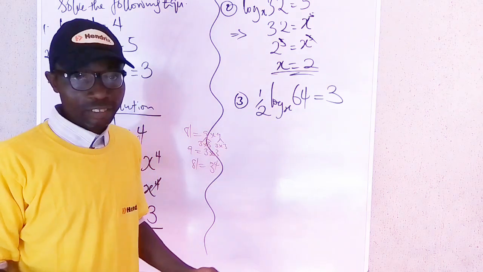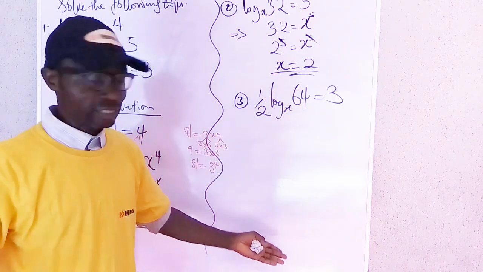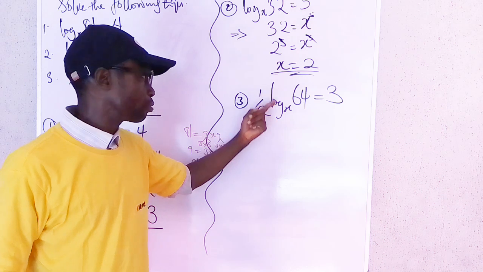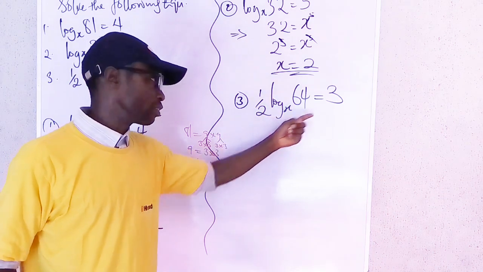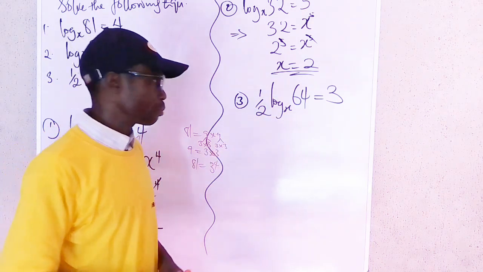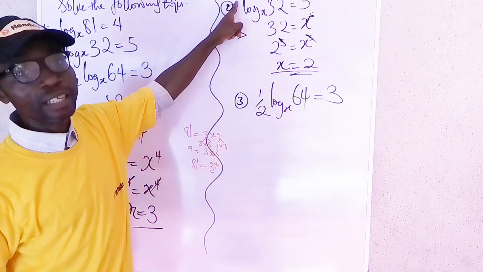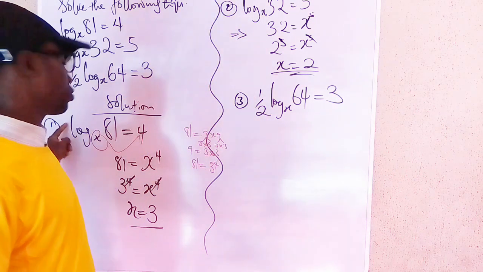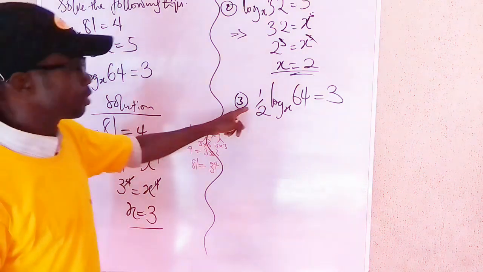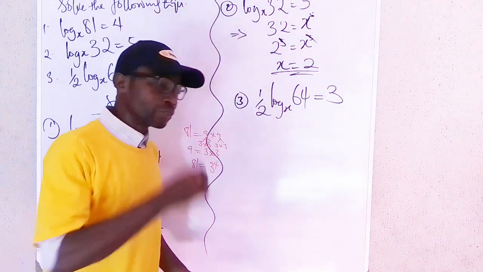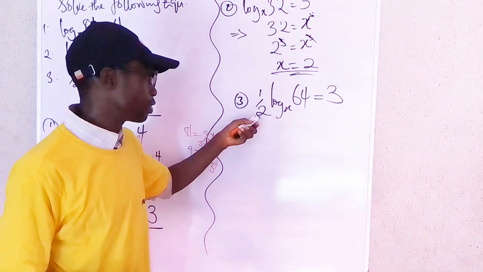Now just read it like English, like a sentence: half of the log of 64 in base x is equal to 3. Now let's see what happens. How do we do this? The previous ones were straight without any fraction at the front, but this one has a fraction. So we'll try to take this away.